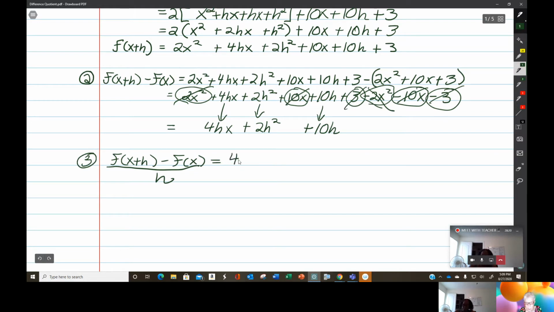So we'll have 4hx plus 2h squared plus 10h, divided by h, divided by h, divided by h. Right, because really what you've got is 4hx plus 2h squared plus 10h divided by h.